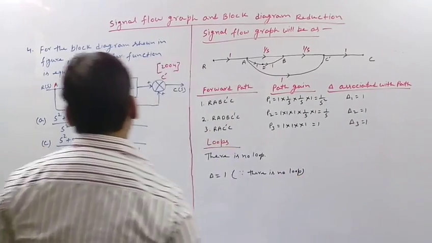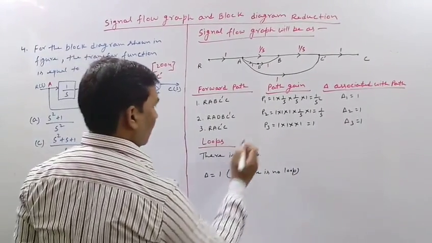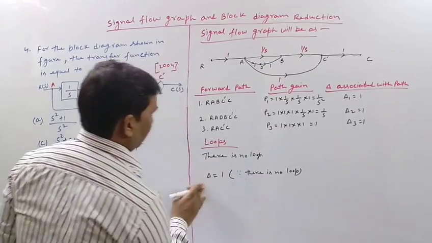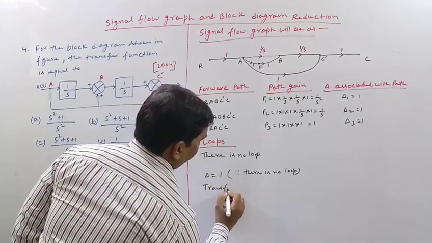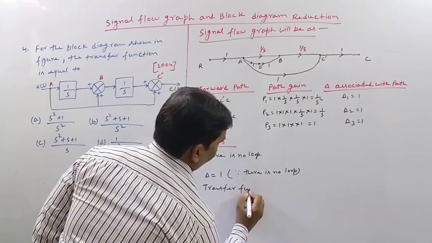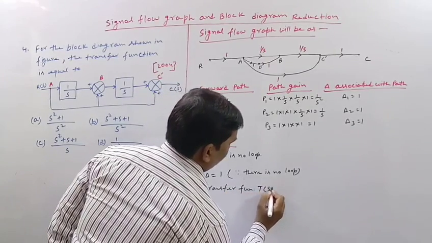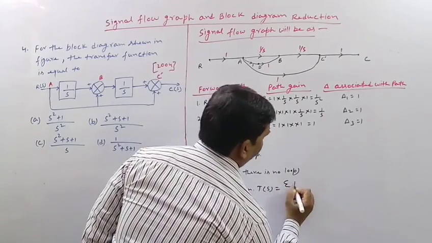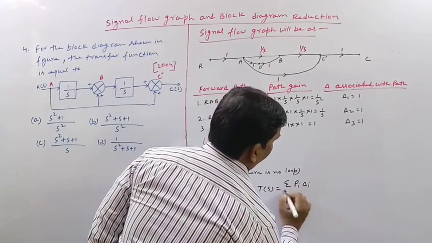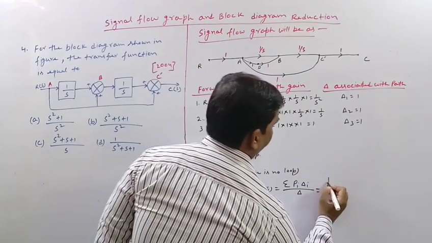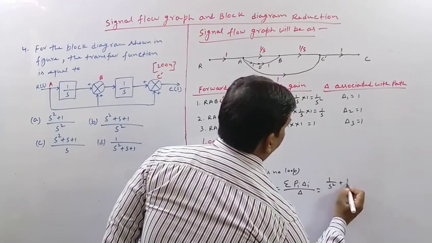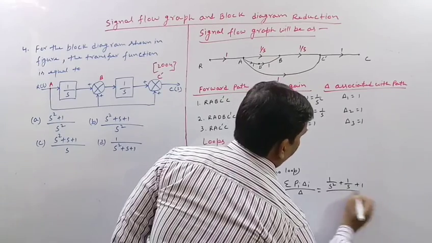Now what will be the transfer function? By Mason's formula, it is sigma Pi delta i divided by delta. So it will be 1 by s square plus 1 by s plus 1, divided by 1.